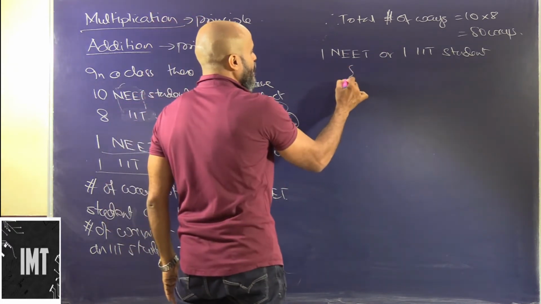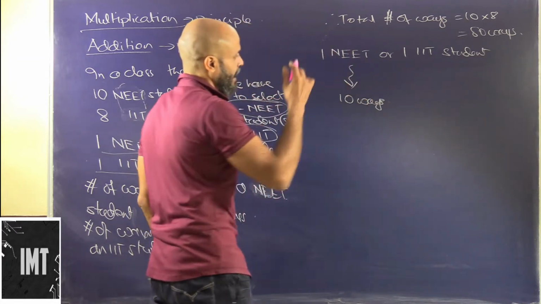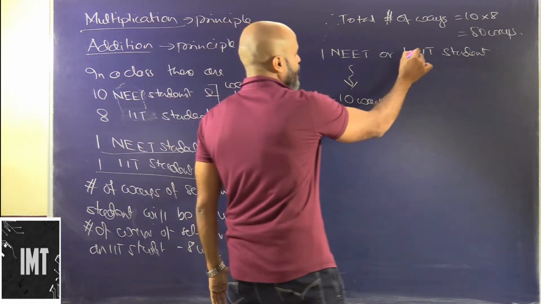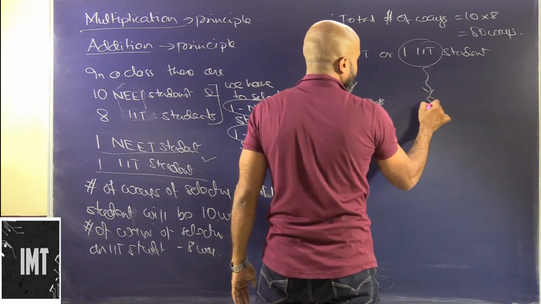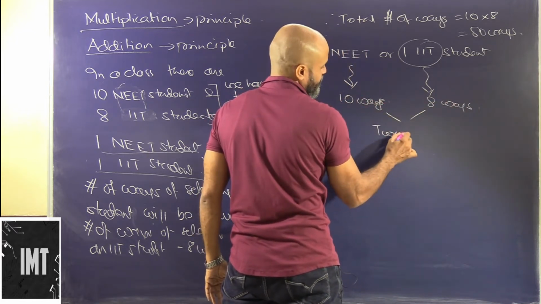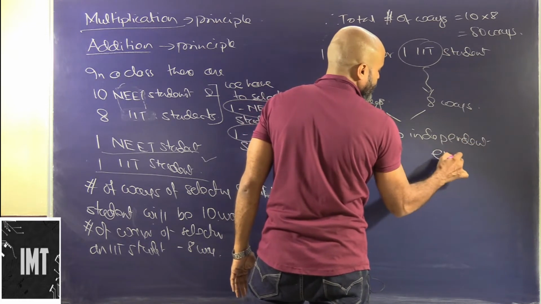Now the selection of one NEET student can happen in how many ways? 10 ways. The selection of an IIT student can happen in how many ways? 8 ways. So these are two independent events.